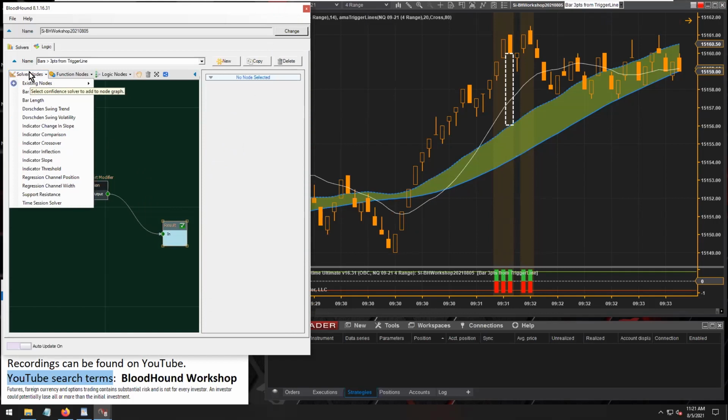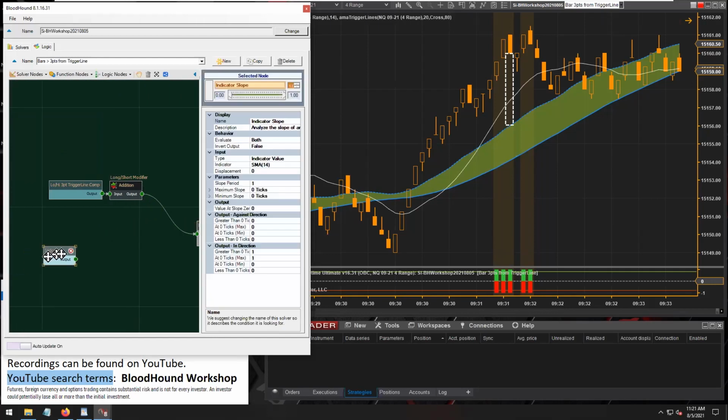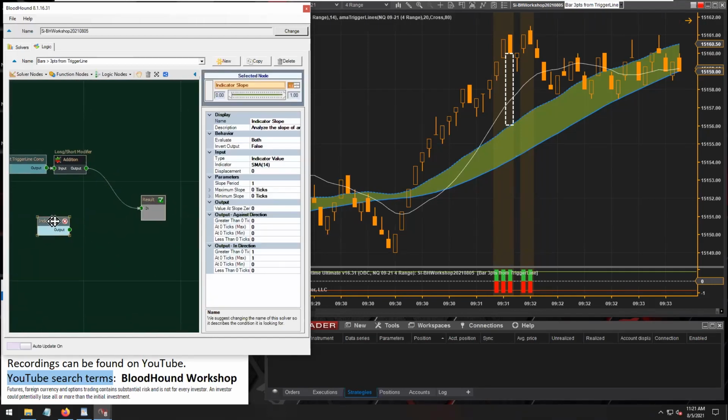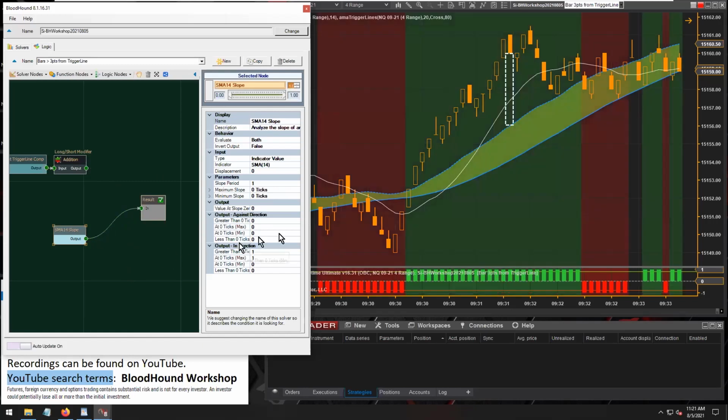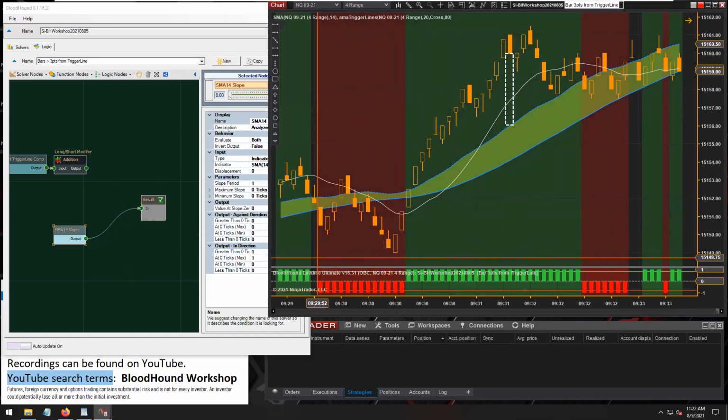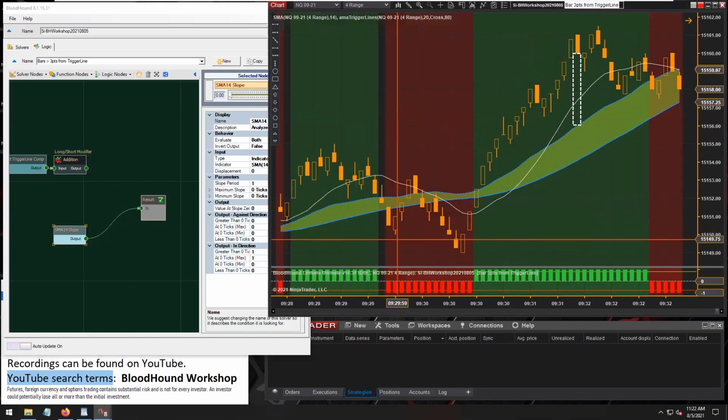Next we need a signal source. I'll do something very simple so we can actually see the signals disappearing. I'm going to use this slope solver here. As we've seen before, this slope solver almost always has an output.